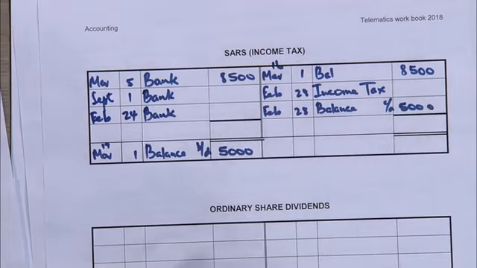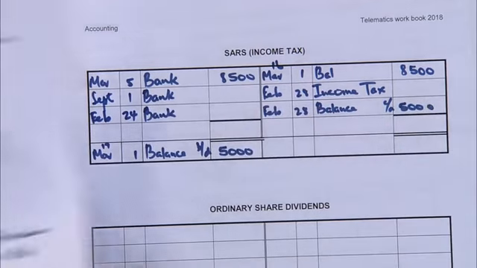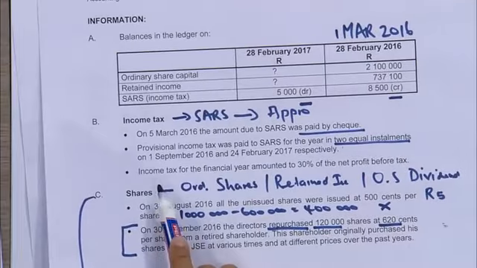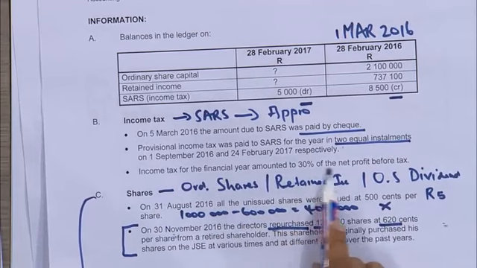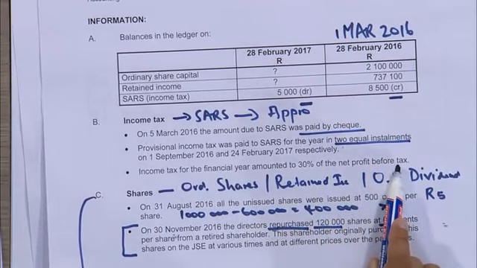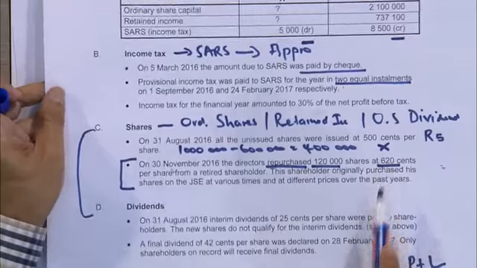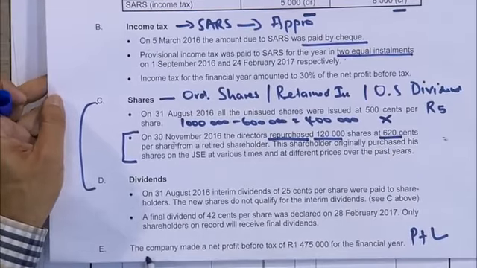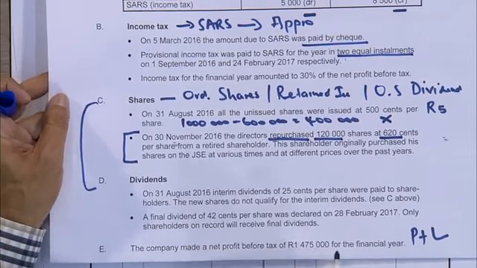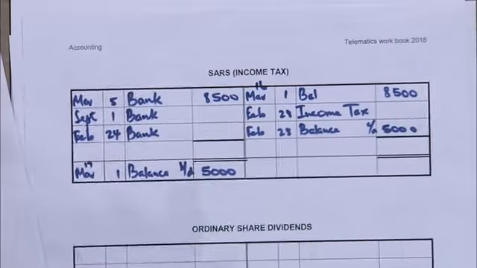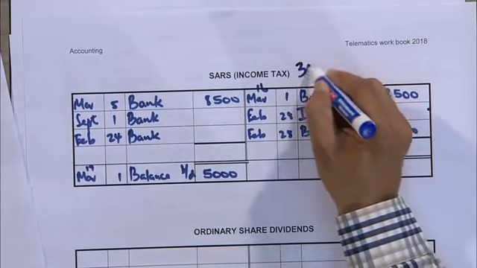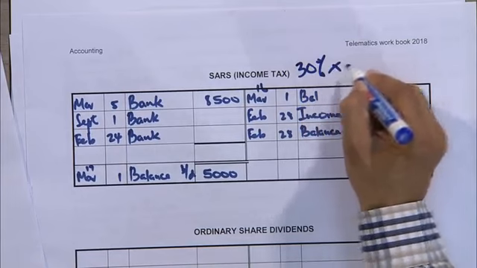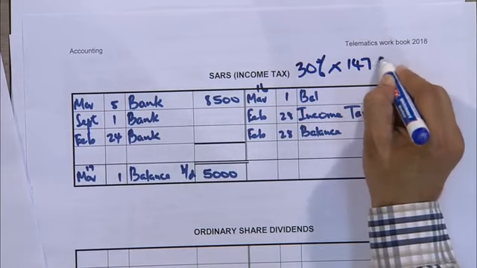Nothing else is given, except right at the bottom by the information. It says income tax for the financial year amounted to 30% of the net profit before tax. And if we look at the information E, it says the company made a net profit of 1,475,000. So my income tax figure, this figure, is 30% of 1,475,000.